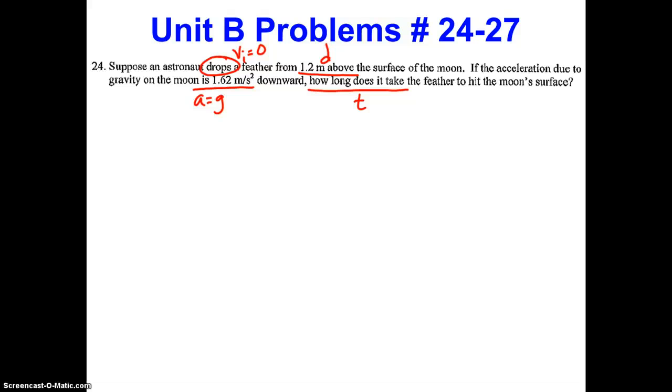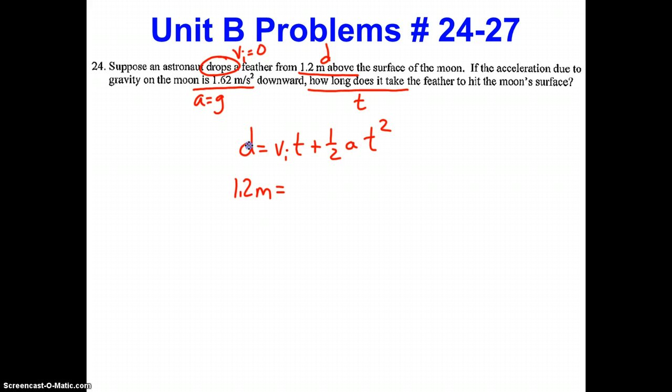As we take a look at it, we are looking for t, and we have an initial velocity of 0, a distance, and an acceleration, we go to the reference table to appropriately select an equation that will help us get the answer. And it looks like we should select d equals vᵢt plus 1/2 at squared. 1.2 meters is our displacement.